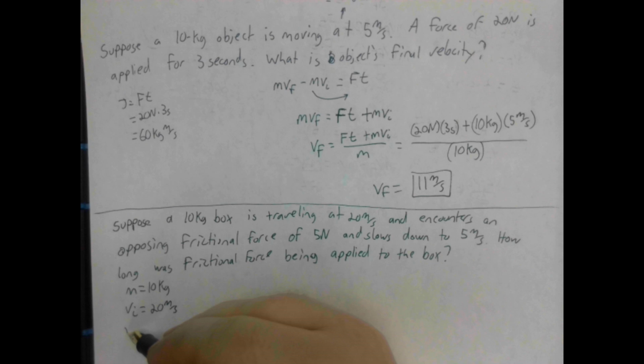So if we're letting the velocities be in the positive direction, then the frictional force is going to be opposite, and we indicate an opposite direction as being negative. So it has a frictional force of negative 5 newtons. And we're asking how long, in reference to time, so we're trying to solve for time. So mass times final velocity minus mass times initial velocity is equal to F times time.